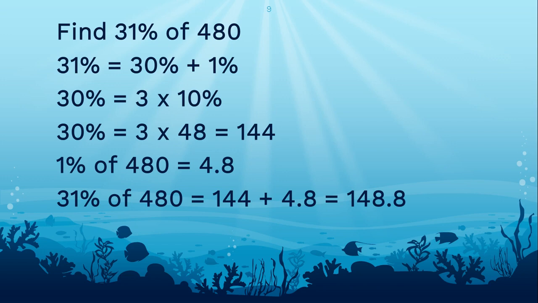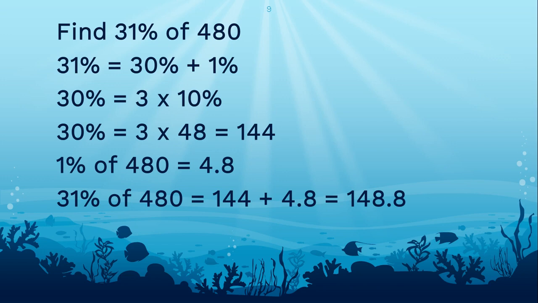So we need to find first 10% of 480, and that should give us 48 as we move one decimal place to the left. And 1% is also found by moving the decimal point twice to the left. So that gives us 4.8. And proceeding to multiplication, we multiply 10% by 3 to get 30%.